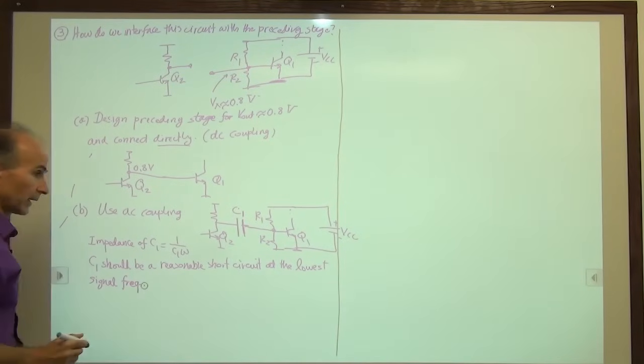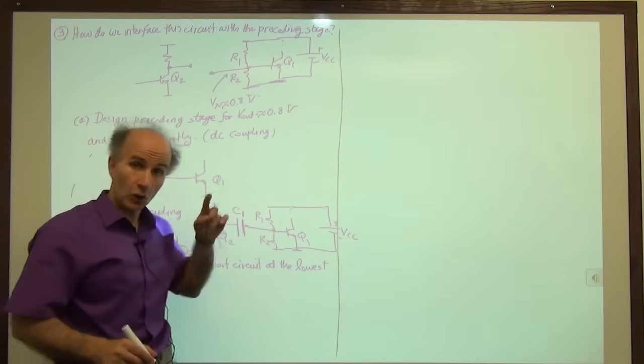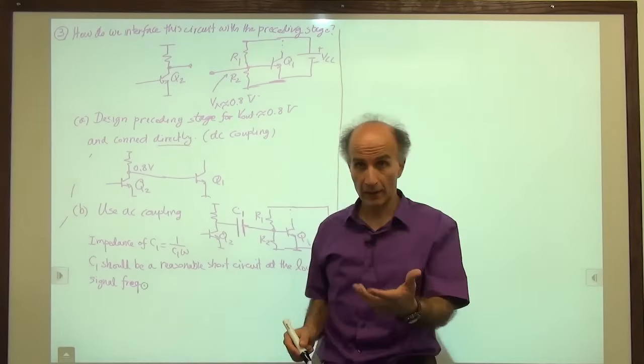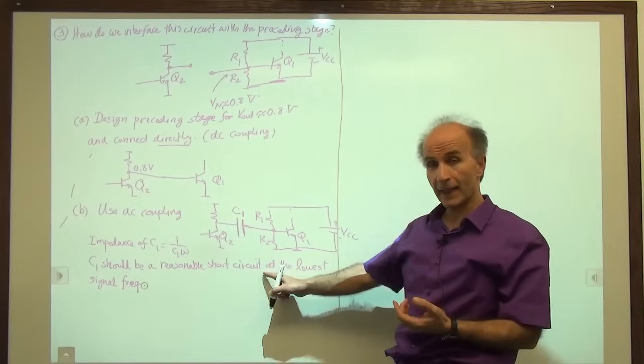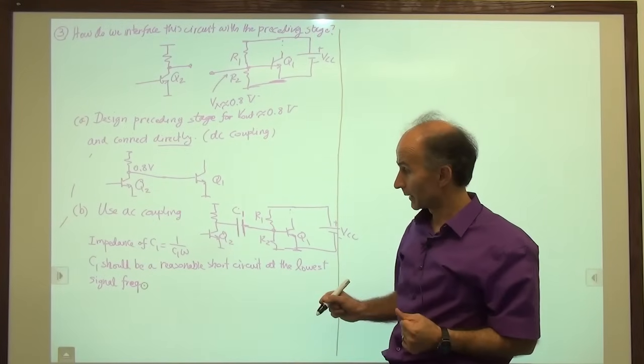If it is a good short circuit at the lowest signal frequency, obviously it is also a good short circuit at the highest signal frequency. That's why we pick this as the worst case.